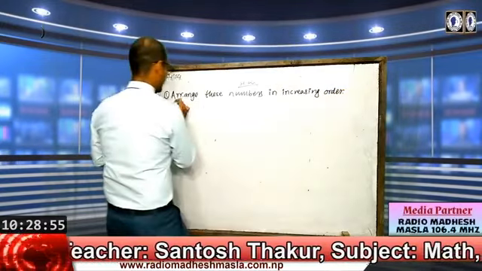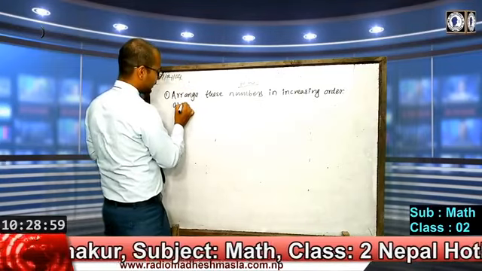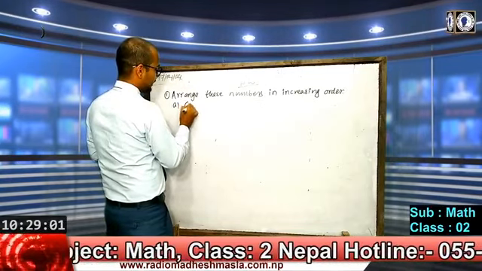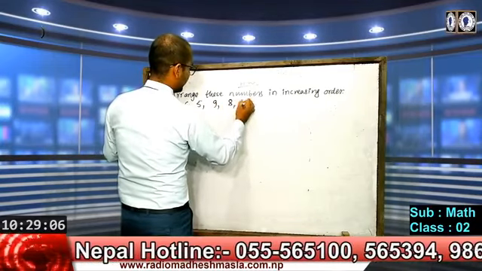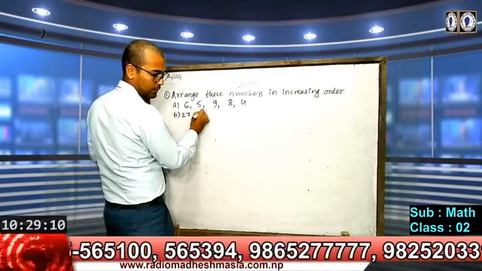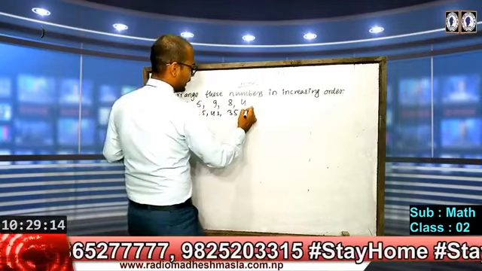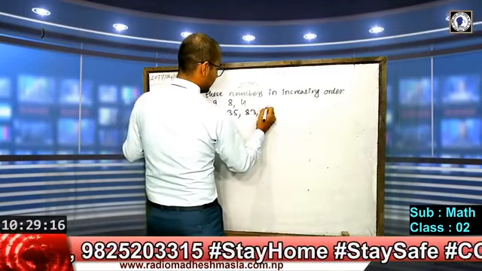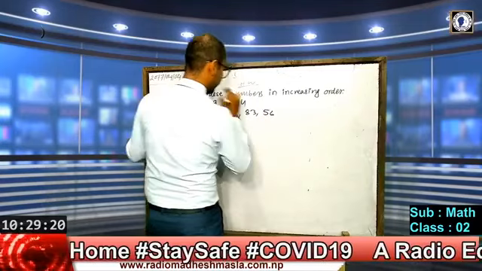The questions are: 6, 5, 9, 8, 4. Then 27, 25, 41, 35, 83, 56.